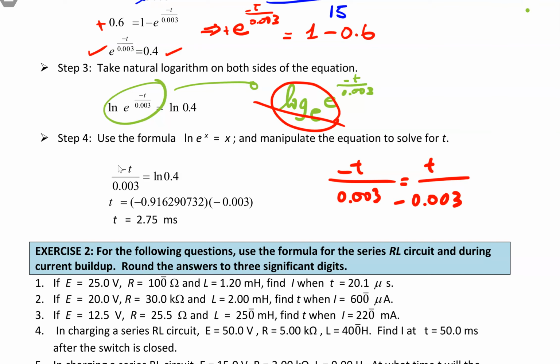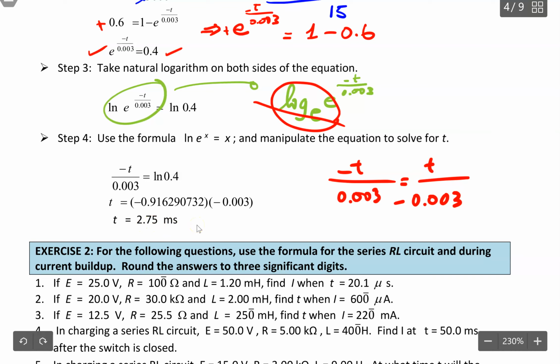So what I do is I bring this operation across the equal sign, so I multiply by 0.03. When I multiply these two, negative times negative should give me a positive value, and in engineering notation and three significant digits, I should have 2.75 milliseconds.